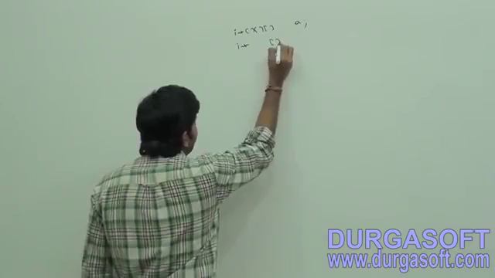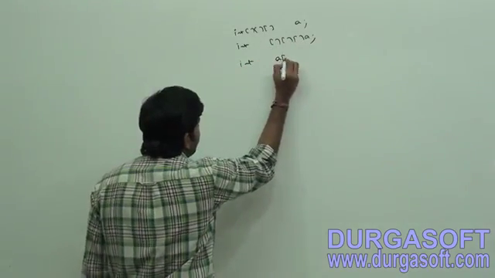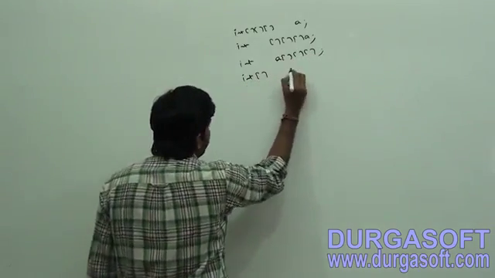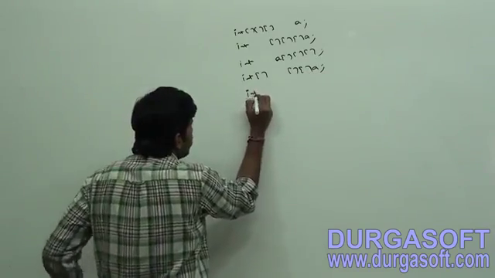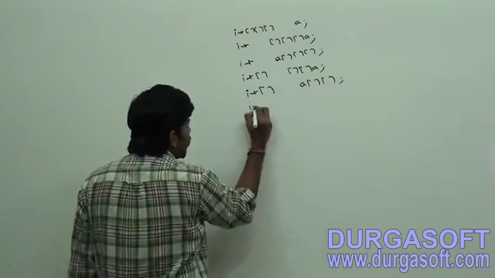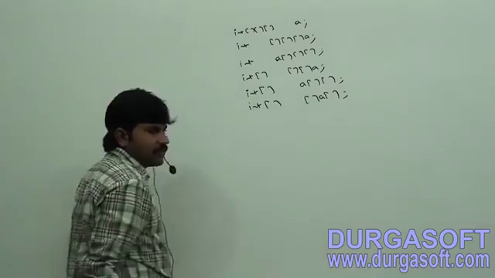Next, is it valid or not? Valid. Next, int 1 2 3 like this. Next, int 1 dimension here and then like this, valid. Int 1 dimension here, 1 dimension here, 1 dimension here, valid.